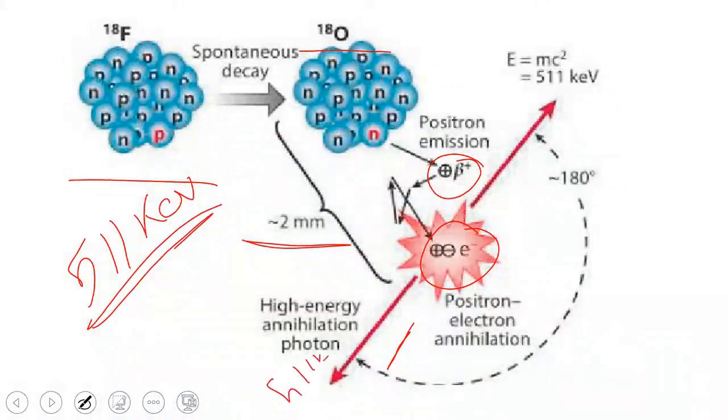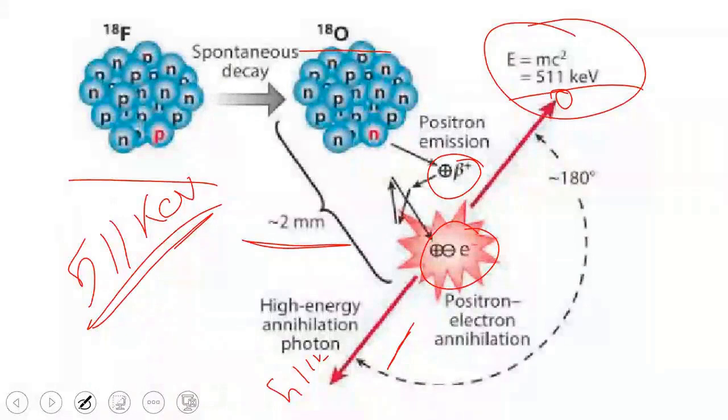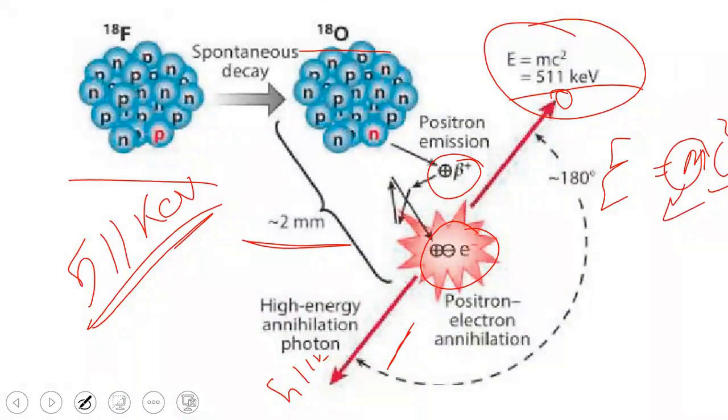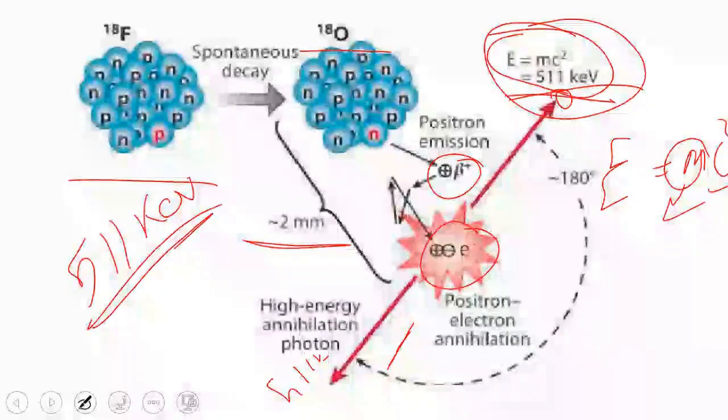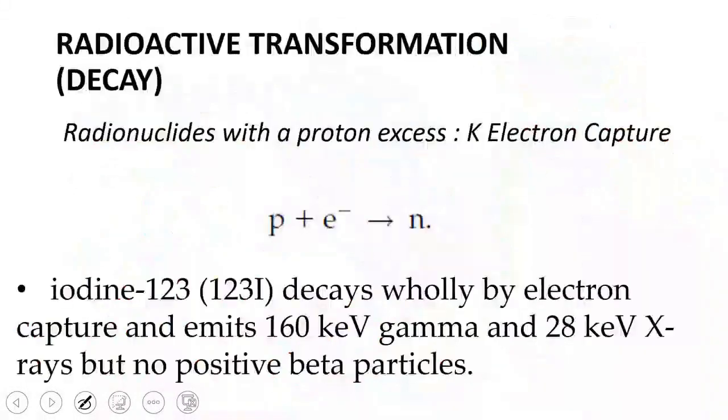The energy of the photon moving in this direction and the energy of the photon moving in that direction, each of them has an energy of 511 kiloelectron volts. Where did this value come from? It comes from Einstein's equation, which states that energy is equal to mass times the speed of light squared. Here m is the mass, which refers to the mass of the positron and the electron. When we substitute the mass of the positron and the mass of the electron into this equation, the energy comes out to be 511 kiloelectron volts.